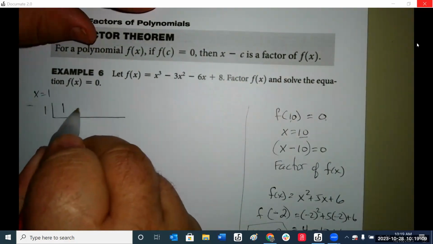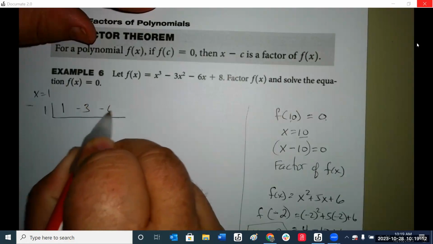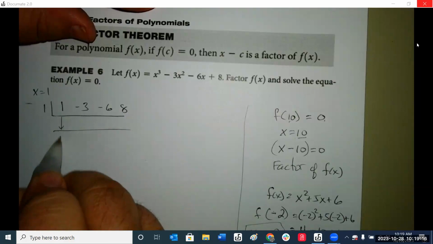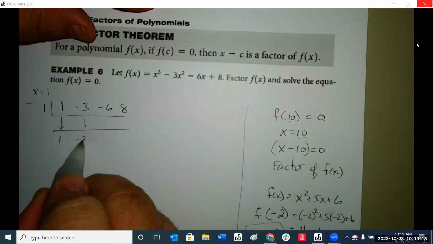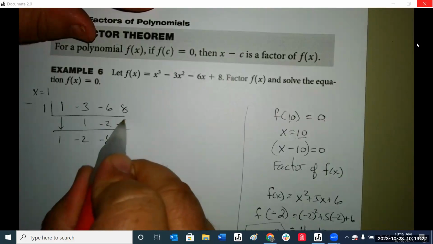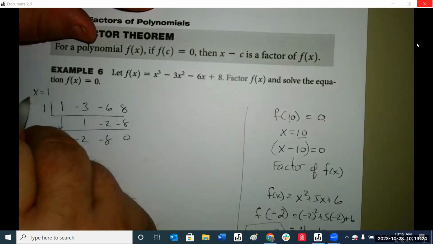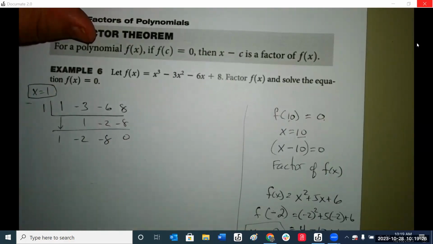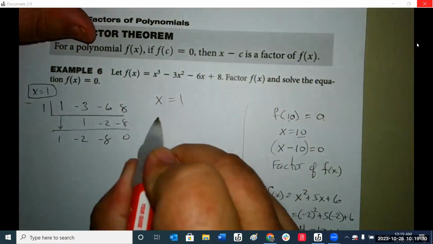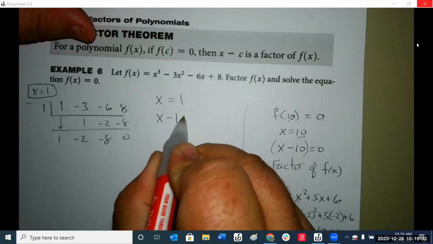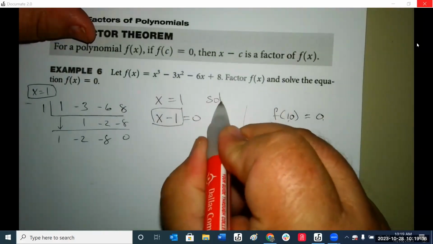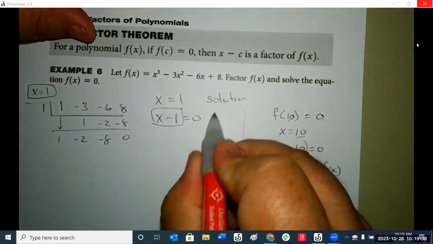We could use synthetic division. So we know this is a solution. Since x equals 1 is a solution, that means x minus 1 equals 0. That's a factor.